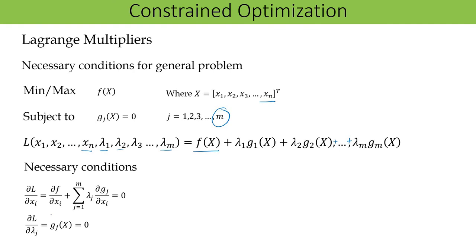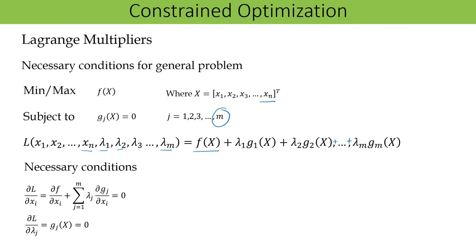So I'm writing del L by del x1 equal to del F by del x1 plus the summation over all the constraints of lambda j times del g j by del xi. Lambda j comes out because it is a constant when we are finding the derivative with respect to x.